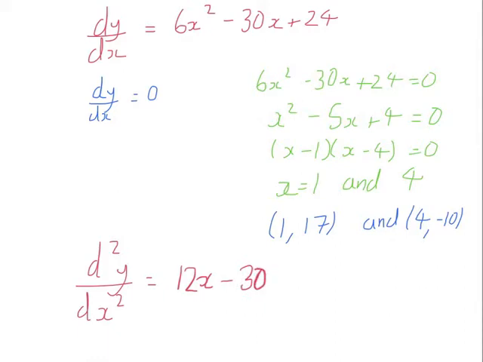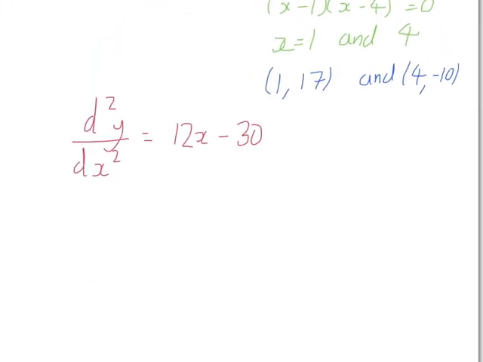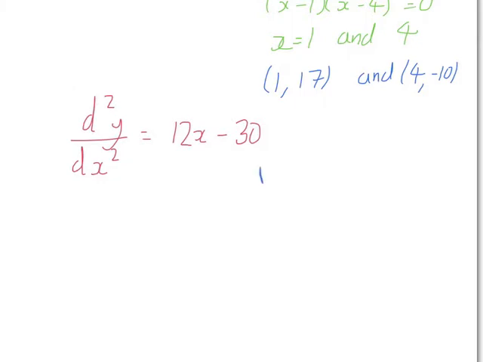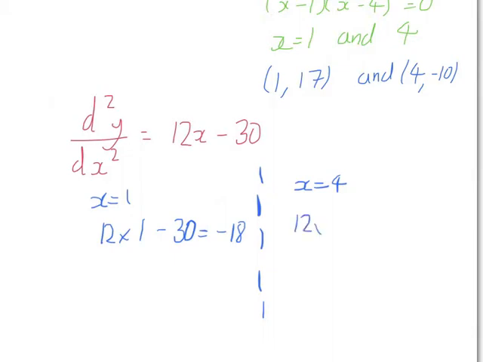And what we're going to do is substitute in our two solutions for x, our 1 and our 4. So if we split our page into 2, we're going to have x equals 1 on this side and x equals 4 on this side. So it's going to be 12 times 1 minus 30, which is equal to minus 18. And if we put 4 in, we've got 12 times 4 minus 30, which is equal to 18.